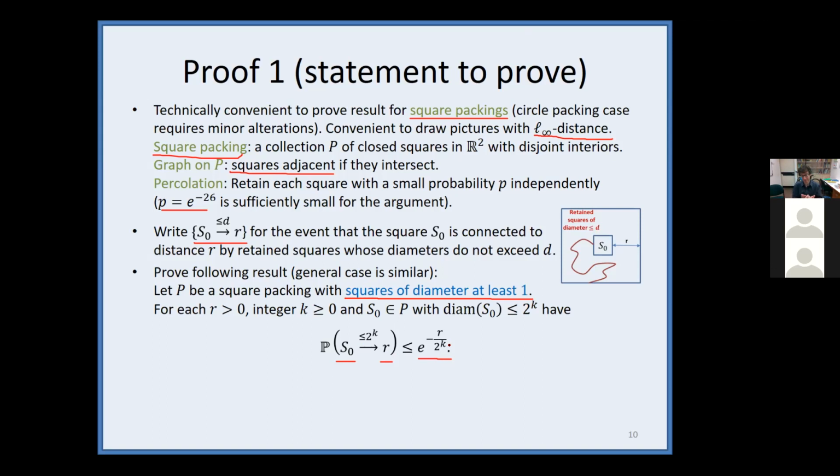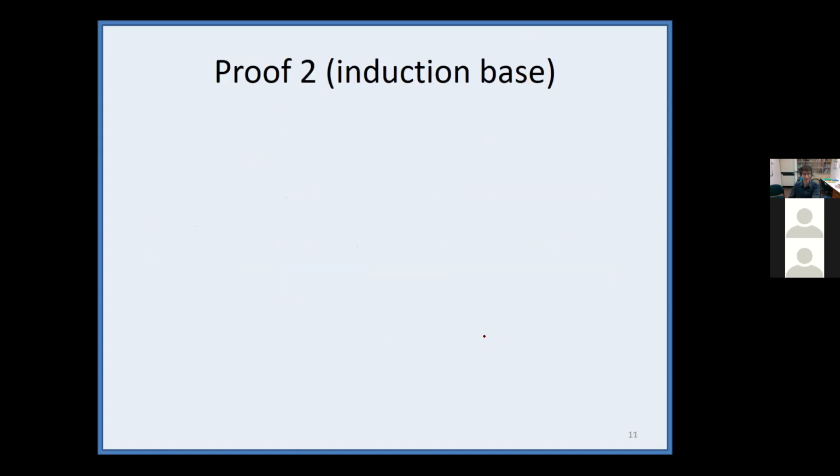This statement is very similar to the quantitative statement on the previous slide, and this is what I'd like to prove to you. This holds for any r, any k, any starting square S0, and I also assume that the starting square itself has diameter at most 2 to the k. We will prove this statement by induction, and the next slide discusses the induction hypothesis.